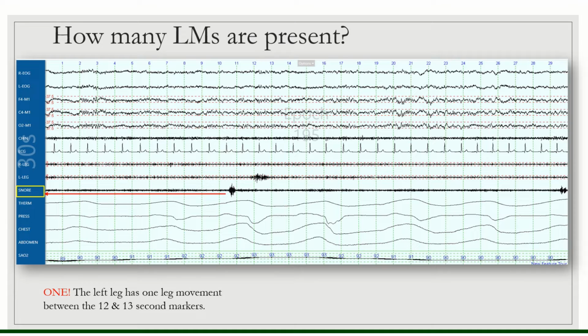Also, even if the activity in the snore channel was in the leg channels, it still wouldn't qualify as a limb movement because it doesn't meet the duration requirement. The first one isn't half a second, and the second one isn't at least half a second either. So regardless of where it happened, it still wouldn't qualify as a limb movement, even if it were in the right leg or left leg channel.